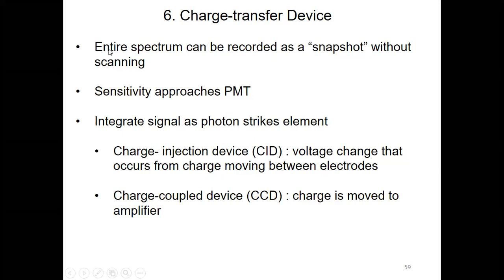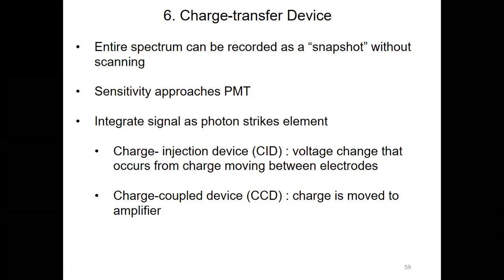So that's why it says the entire spectrum can be recorded as a snapshot without scanning. And the sensitivity is also similar to photomultiplier tubes, so there's no issue with the sensitivity. They integrate the signal as photons strike the elements: the photon strikes the element, and then we integrate the signal and give the output.